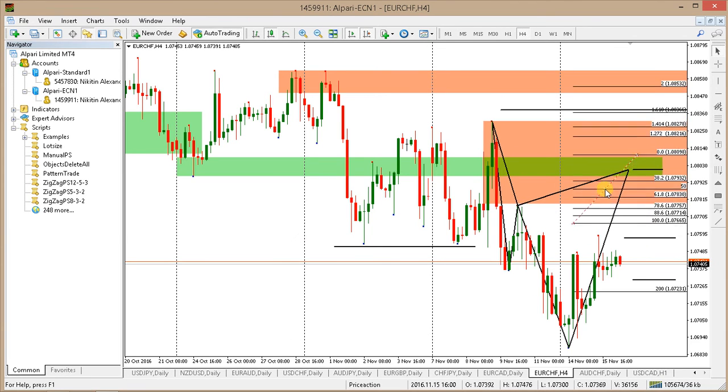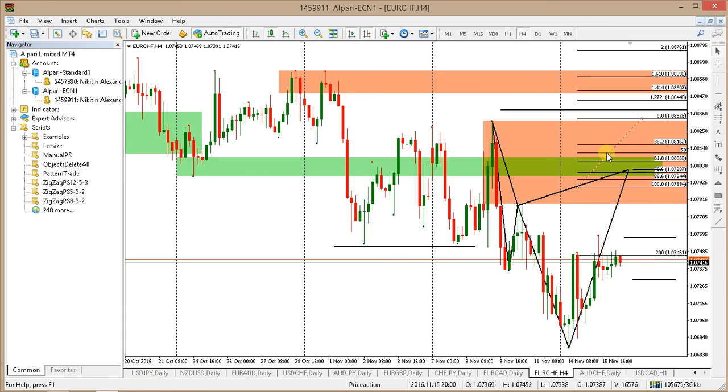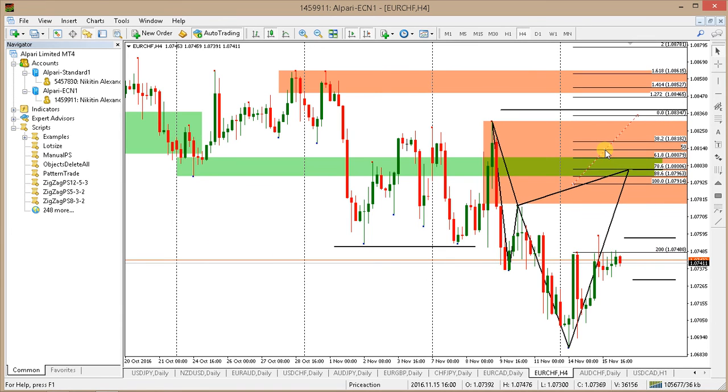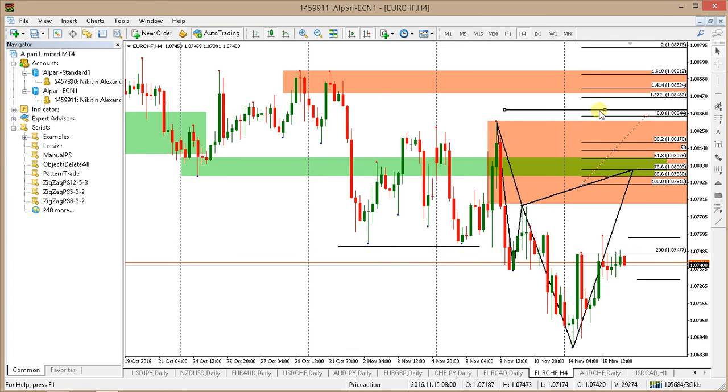And then I copy and paste it to my entry. You see, I'm looking at 786. So my stop loss will be 786% of the target distance.